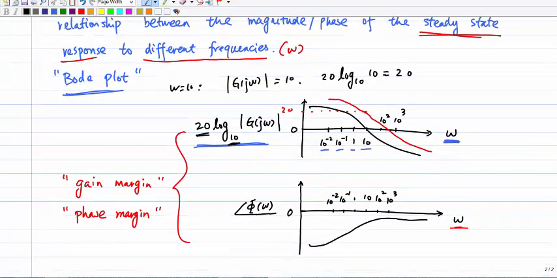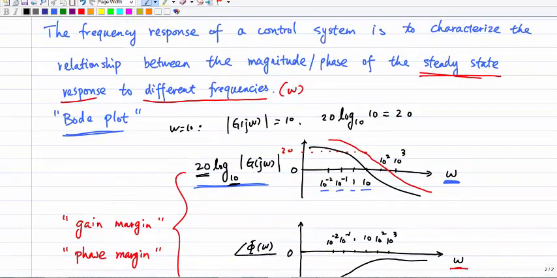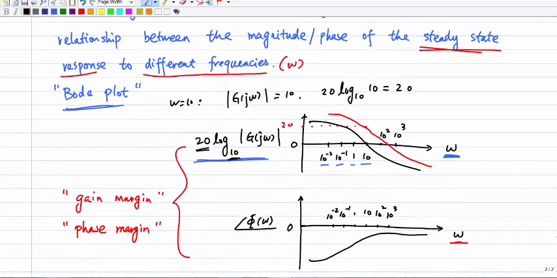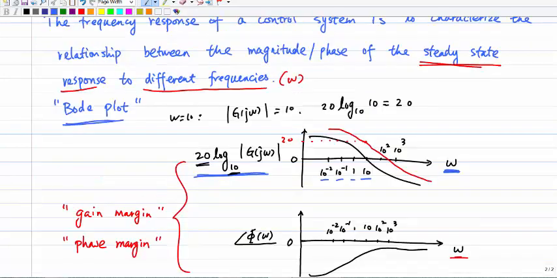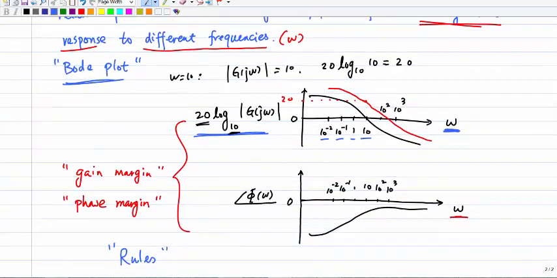There are actually a lot of videos talking about how to plot it. They are basically rules that you can use to sketch the plots of the magnitude and the phase at different frequencies.